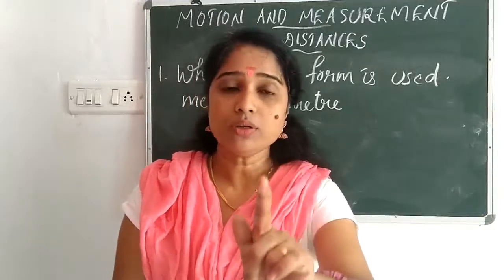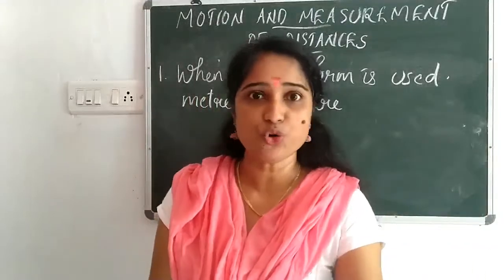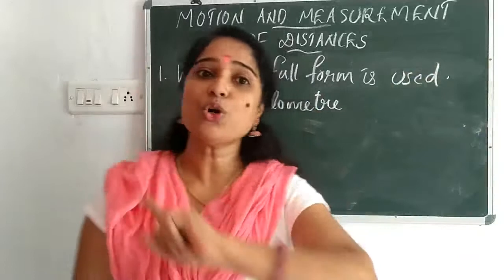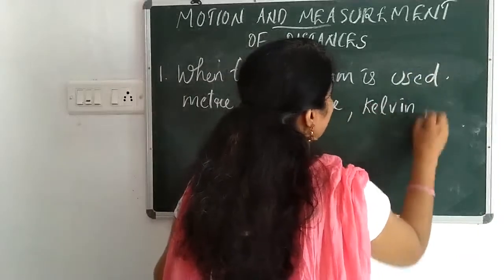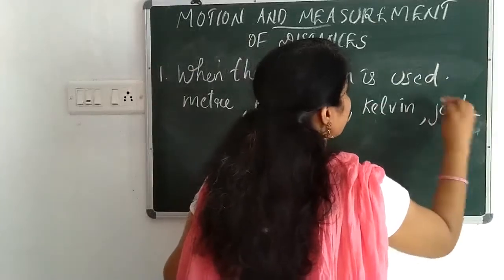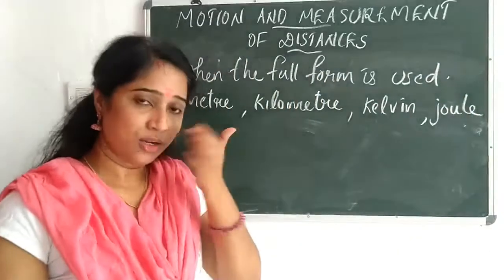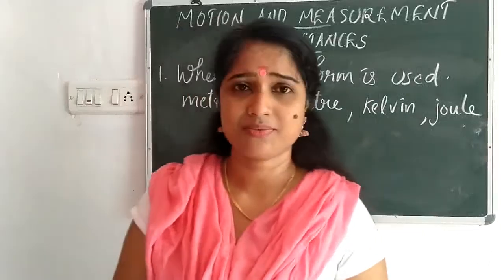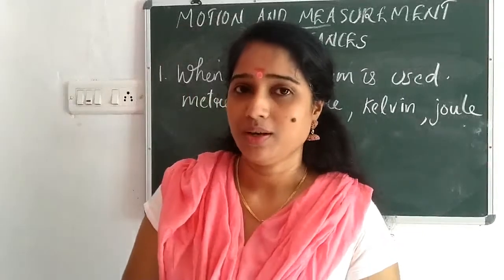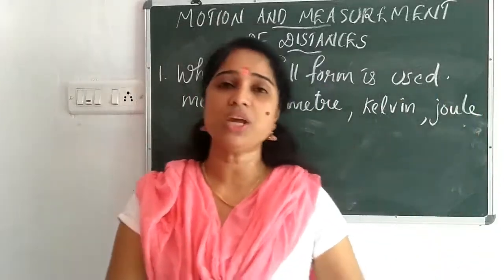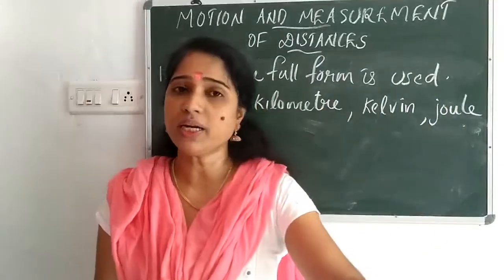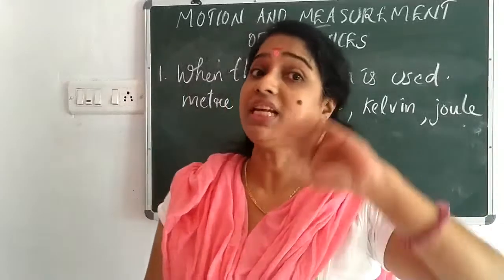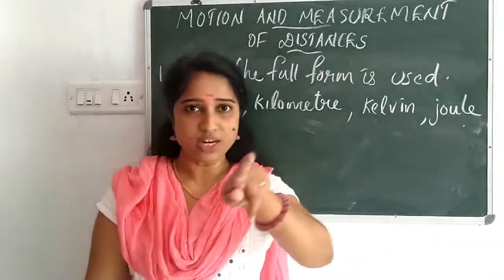Then you may have a doubt. If it is named after a scientist, what should we do? There also you should write in what? Small letter. അവിടെ Kelvin ആണെങ്കിലും Joule ആണെങ്കിലും full form എഴുതുകയാണെങ്കിൽ you should write in what? Small letters. Another important rule. When we are writing the symbol, all the symbols should be written in small letters. But if it is named after a scientist, it is written in what?